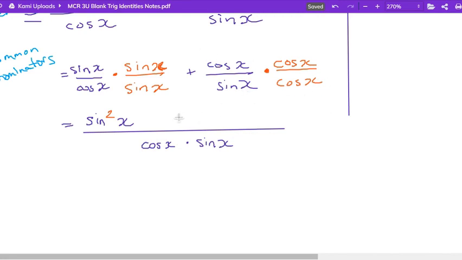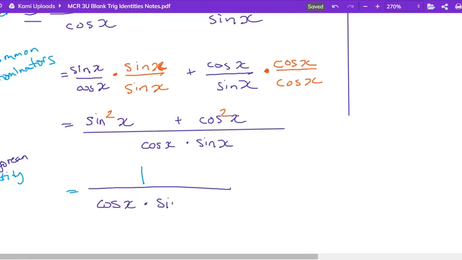And then when I multiply cos times itself, I get cos squared x. Now make sure you're putting the squared in the right space. And then Greg was like, hey, sine squared plus cos squared is what? Show me with your finger. What is it equal to? Uno, muy bien. That is called the Pythagorean identity. So I've got 1 over cos x times sine x.